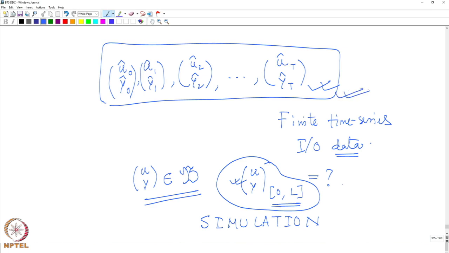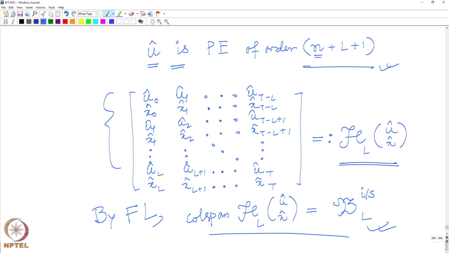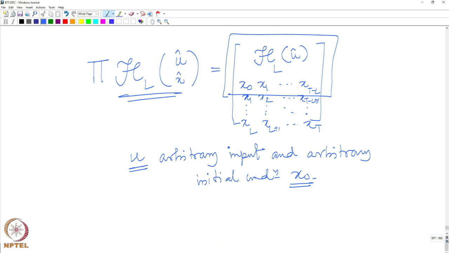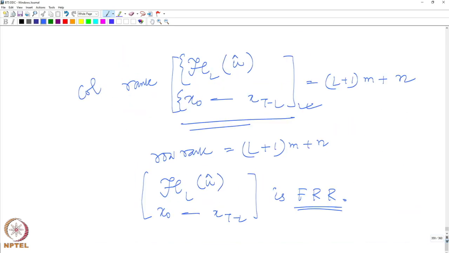We have a black box, we measure some input output data, a finite time series, and from there we are trying to characterize all possible inputs and outputs in the behavior, restricted to the 0 to L timeline. What we have assumed is that this is persistently exciting of order n plus L plus 1, and that tells us that this matrix is full row rank.